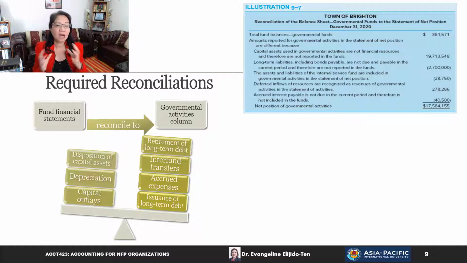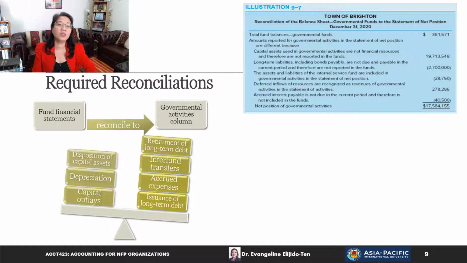So the government-wide financial statement follows the accrual basis of accounting, whereas the fund financial statements actually use the modified accrual basis. And so there will be a number of items that will be recorded in one financial statement but not recorded in the other financial statement. There would also be some items that are called differently and classified in a different manner.